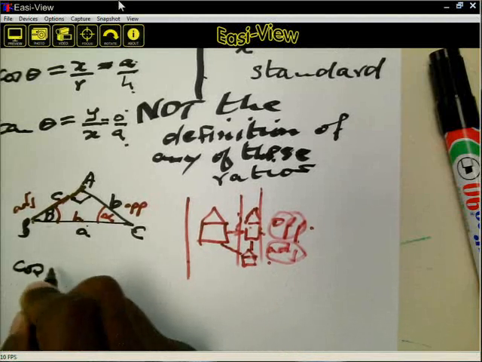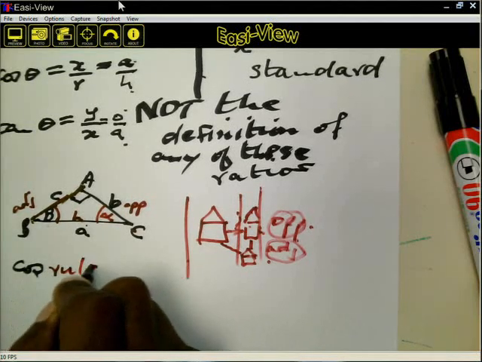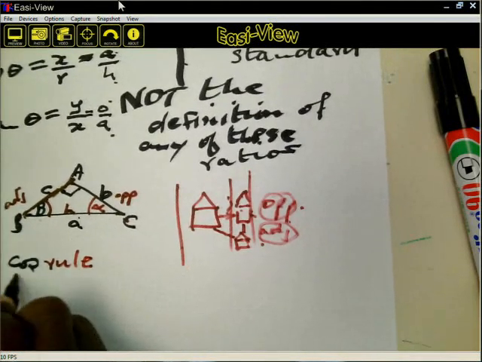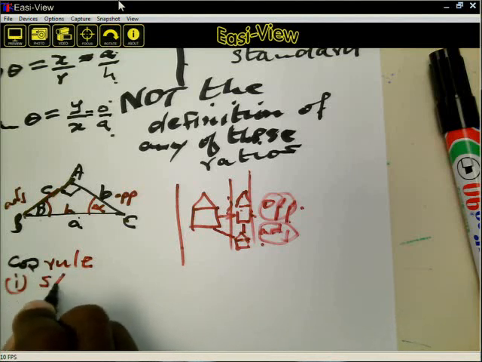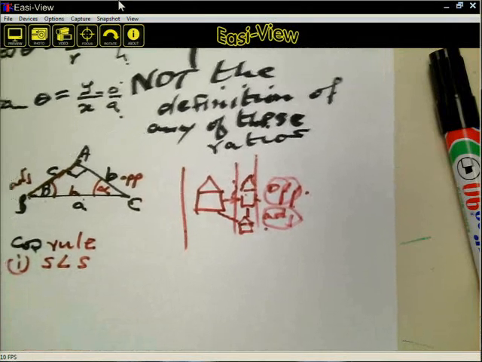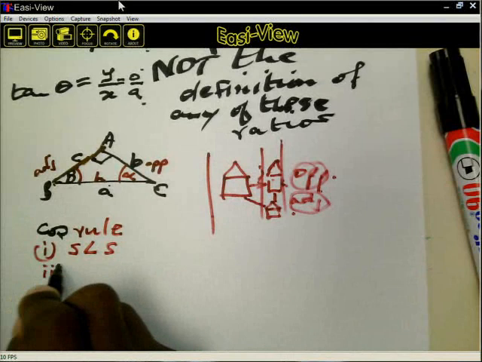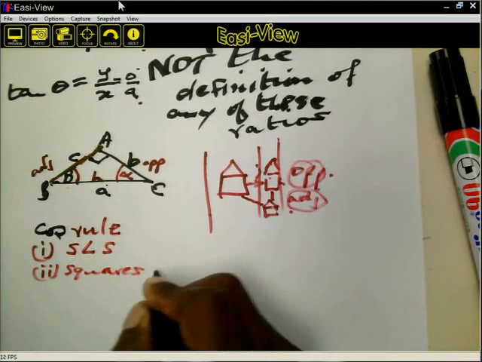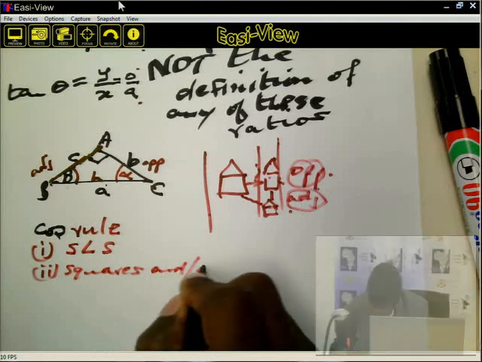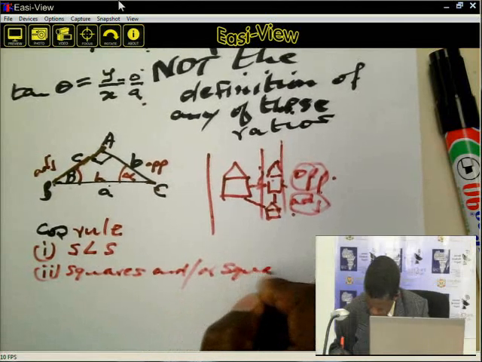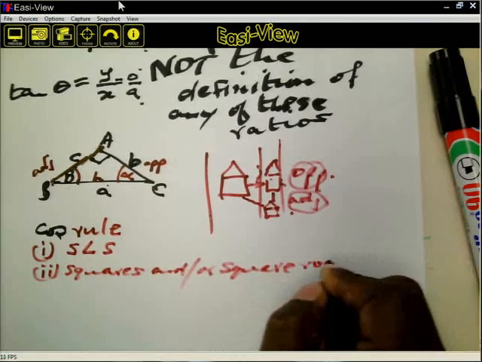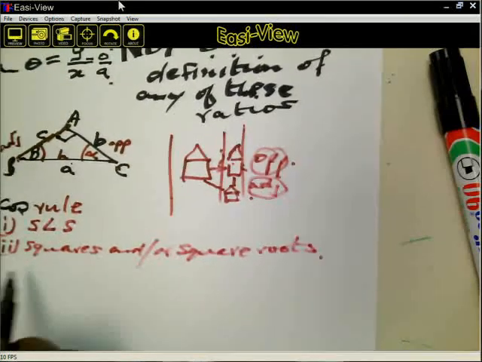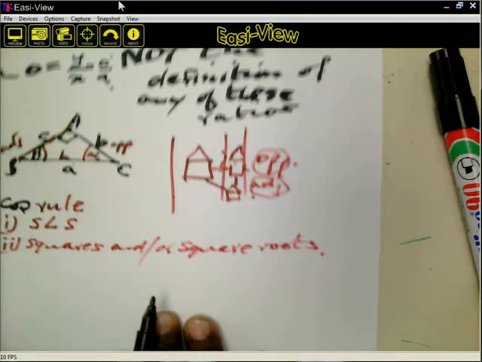When do we use the cosine rule? Two conditions. If you have two sides and an included angle, but also if you have squares and/or square roots, then you know that I must use the cosine rule.